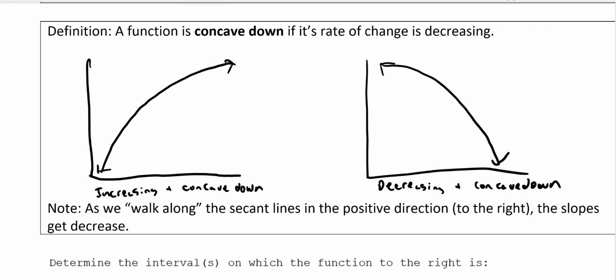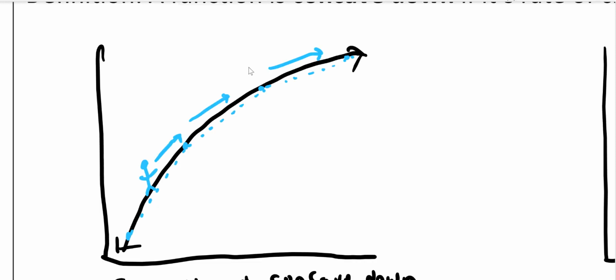And again, we can think about what would happen if we were walking along secant lines on this function in the positive direction. If the slopes decrease, then we're concave down. You can see in these pictures, as I'm walking along, the slopes of these secant lines are decreasing. Maybe it starts out at 3 halves, then goes to 1, then goes to 1 half.